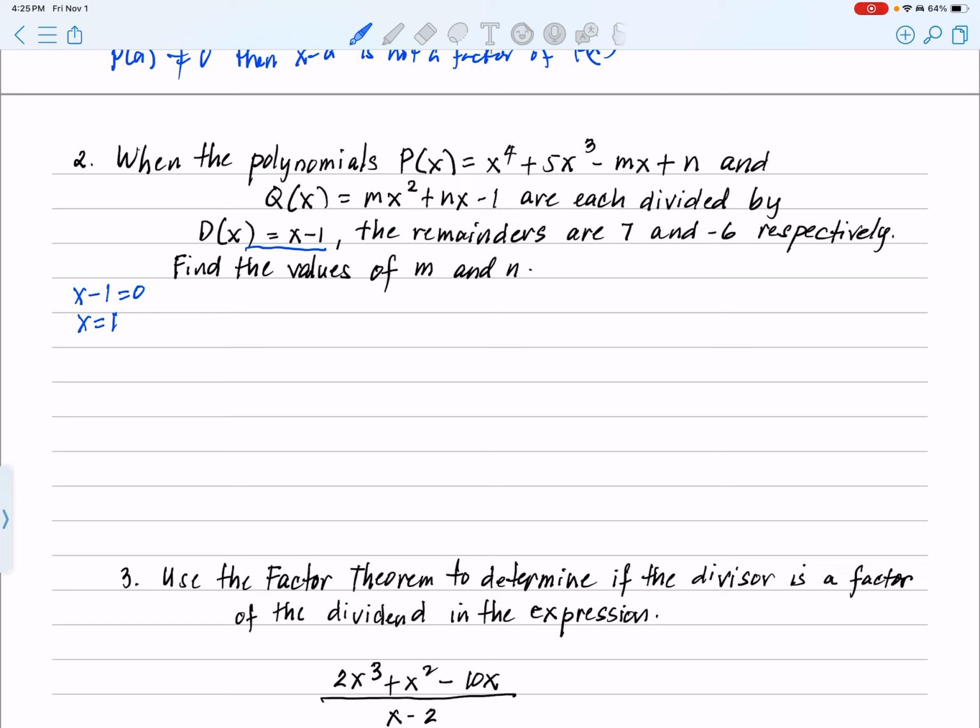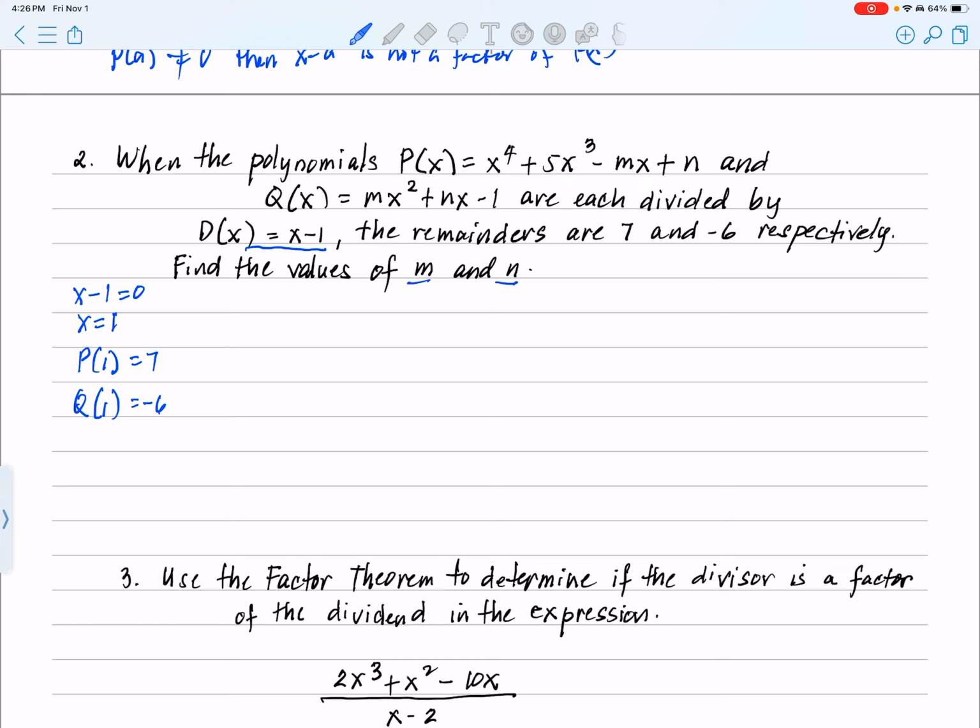Then we could say that the P of 1 is 7, and the other one, the Q of 1, is negative 6. That's the one we are going to use to create two equations to solve for m and n, that's the problem.